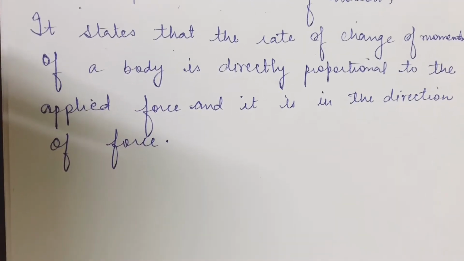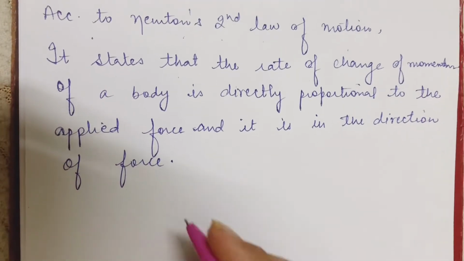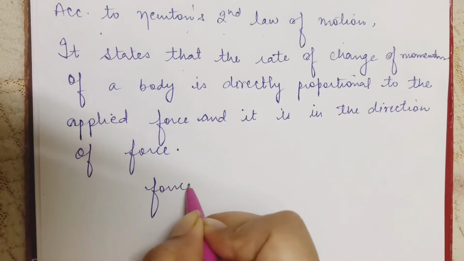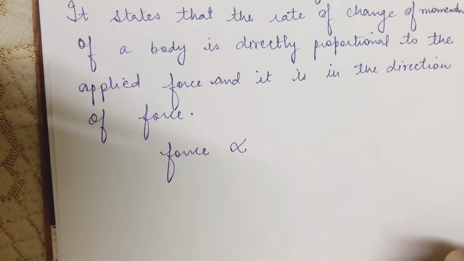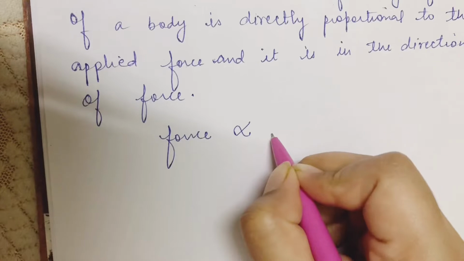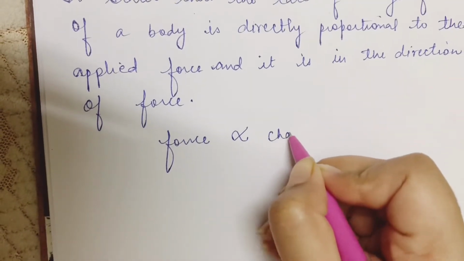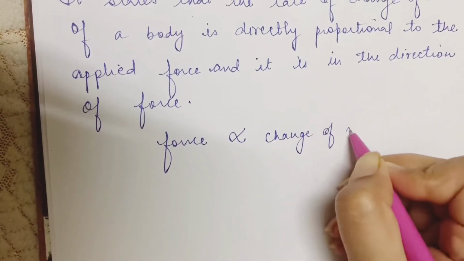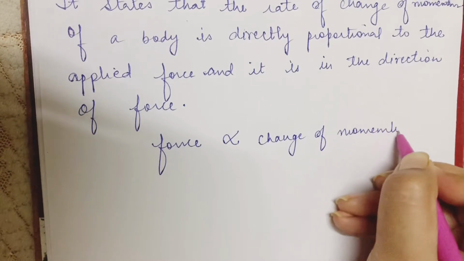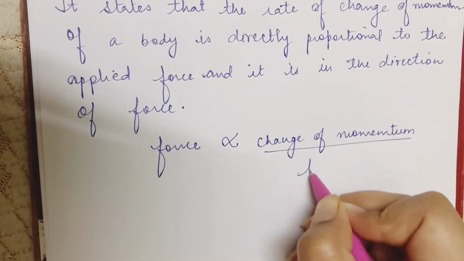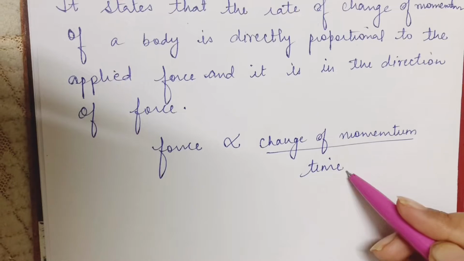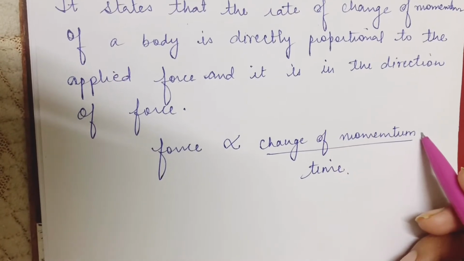Now we are going to derive it mathematically. What did it state? It stated that force is directly proportional to the rate of change of momentum upon time. This means rate of change of momentum.